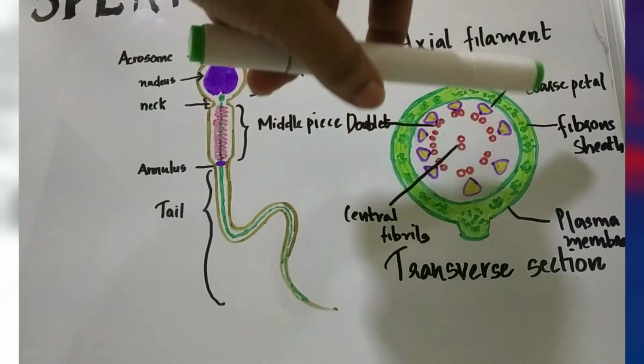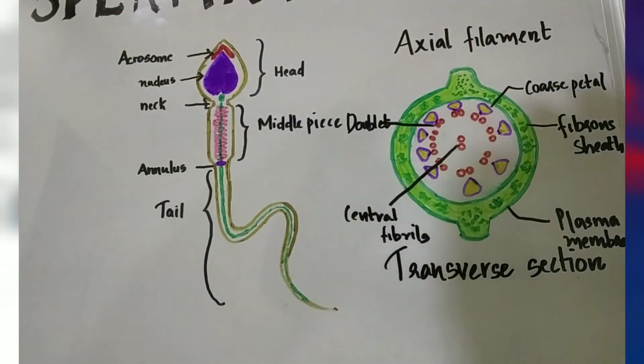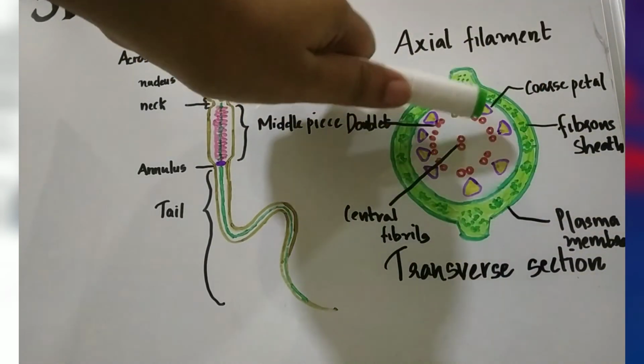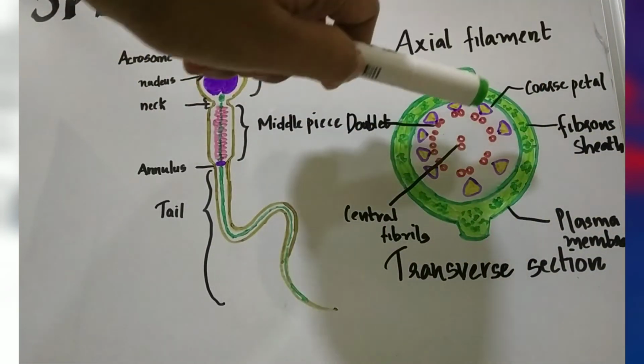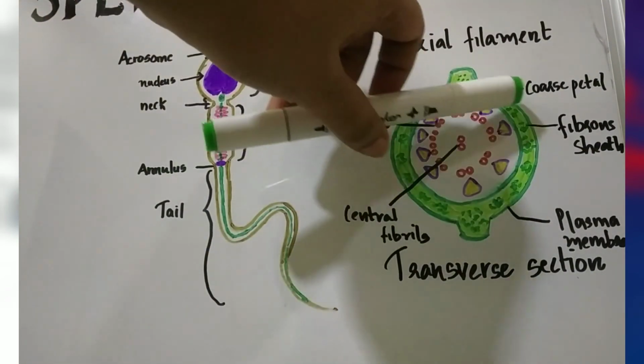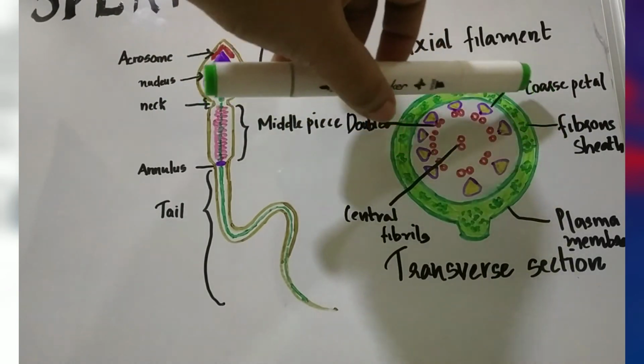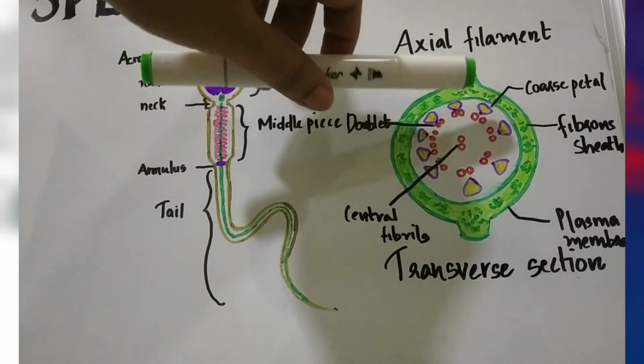All these fibrils are kept in position by a series of coverings. And outside the fibrils, there is a fibrous sheath. So this is the fibrous sheath outside the coverings.